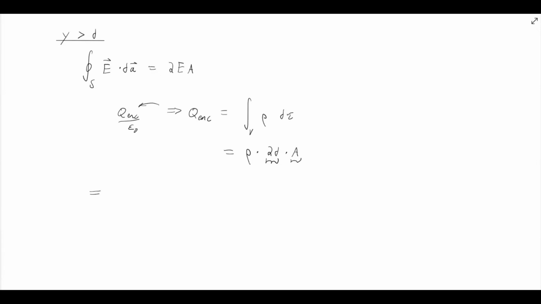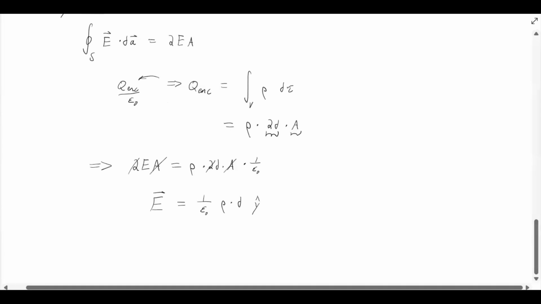Equating it, once again, we have 2EA equals rho times 2d times A over epsilon naught. Our A's cancel out once again, the 2s cancel out. So we have 1 over epsilon naught rho times d in the y hat direction, because it's still pointing in the y hat direction for this case.